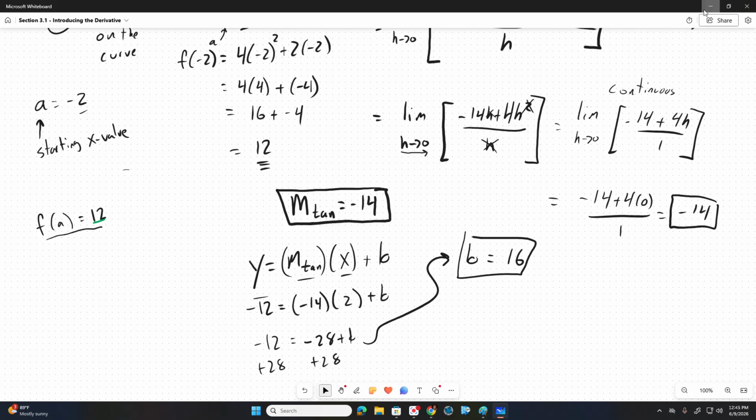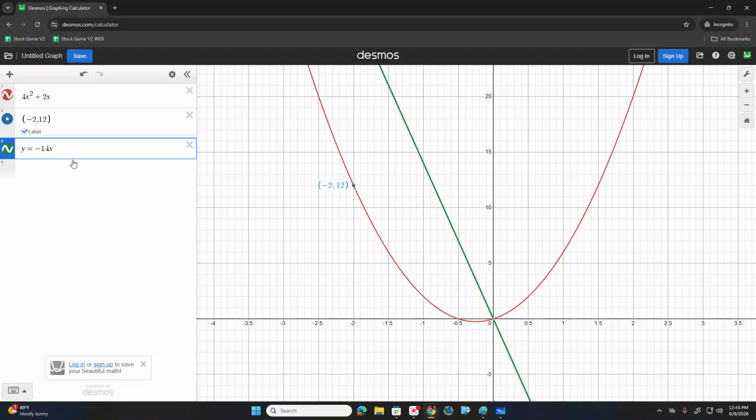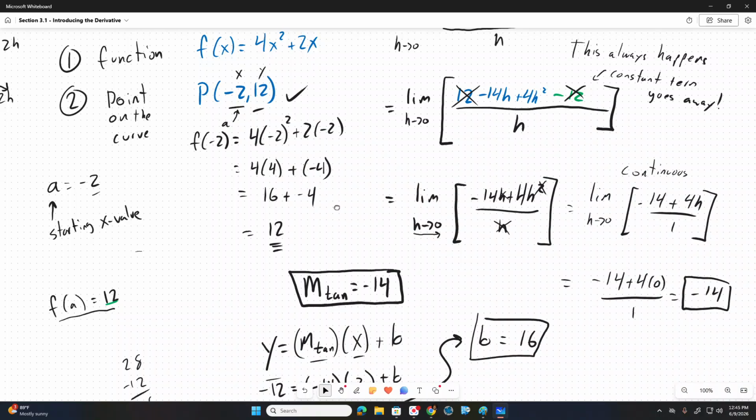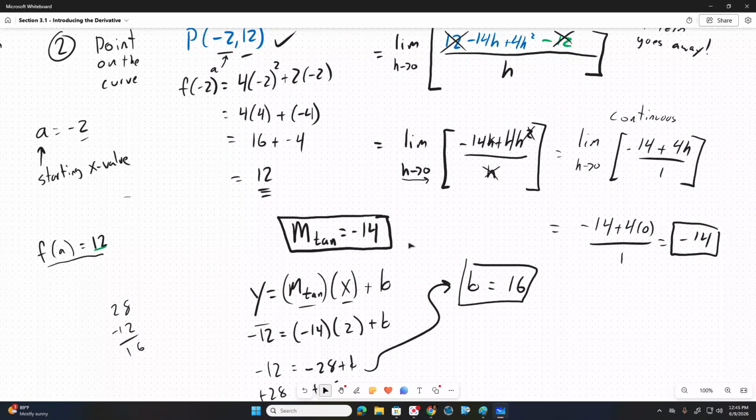So, what does that tell us? Well, if we go back to our tangent line, well, 16 doesn't work. Negative 12 plus 28. I got 16. Oh, apologies.